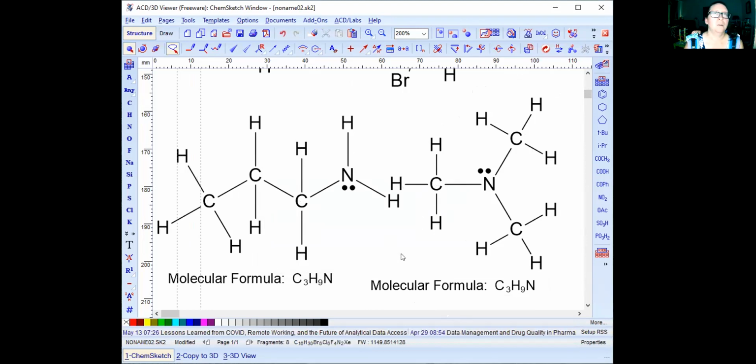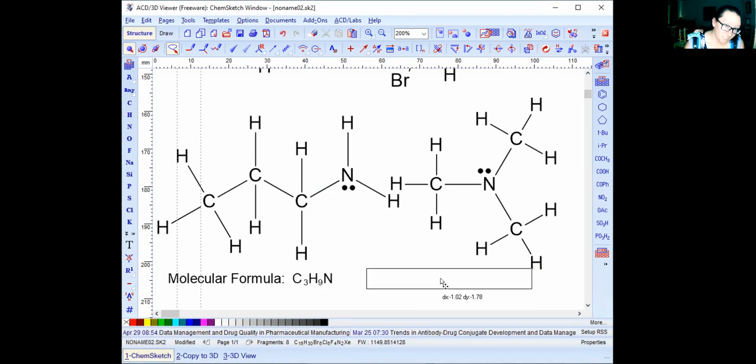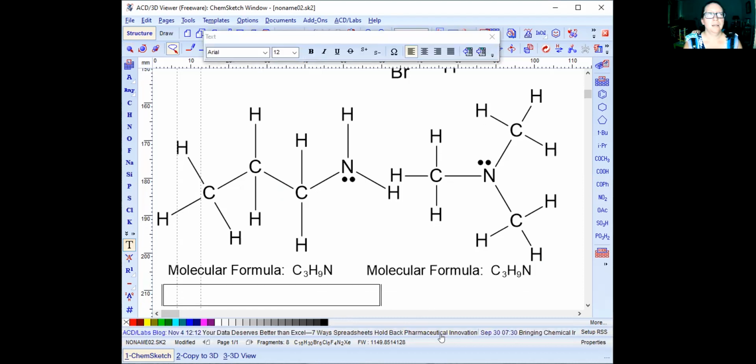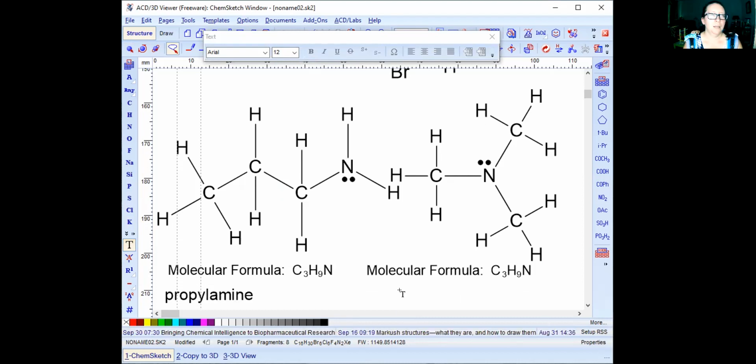So you can see how each of these molecules is C3H9N. And we can talk about their names if we'd like to just write their names here. So the molecule on the left is called propylamine, and the molecule on the right is called trimethylamine.